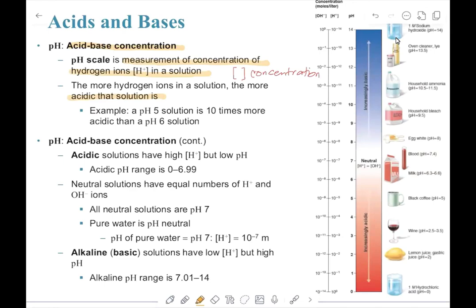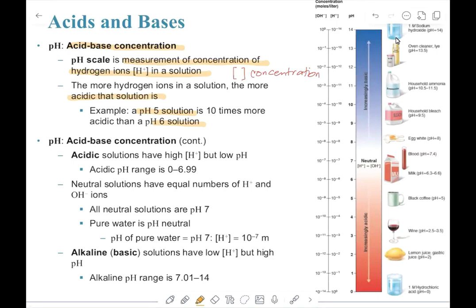So what that means is if you have a solution with a pH of 5, it's 10 times more acidic than a solution with a pH of 6. And that's what's called a logarithmic scale. We're not going to be calculating logarithms or anything like that in here, but it essentially exponentially increases the acidity.